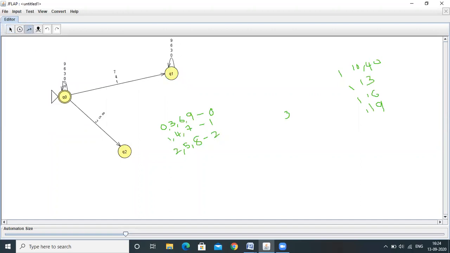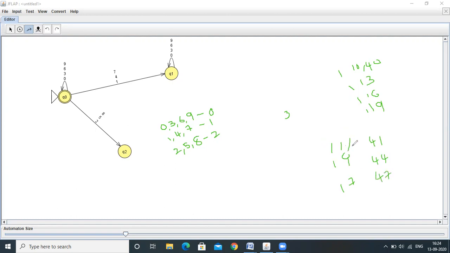Now this set is completed. Q1 on 1, 4, 7: already input 1 is there. Again, if you get 1, it will become 11 or 14, 17, or 41, 44, 47.